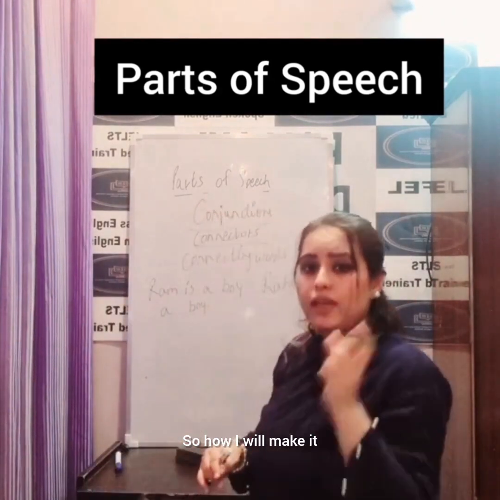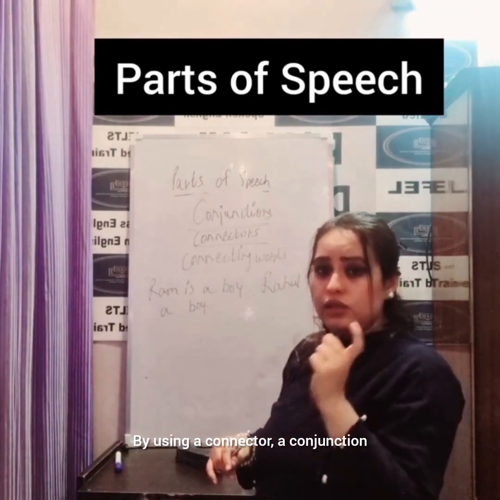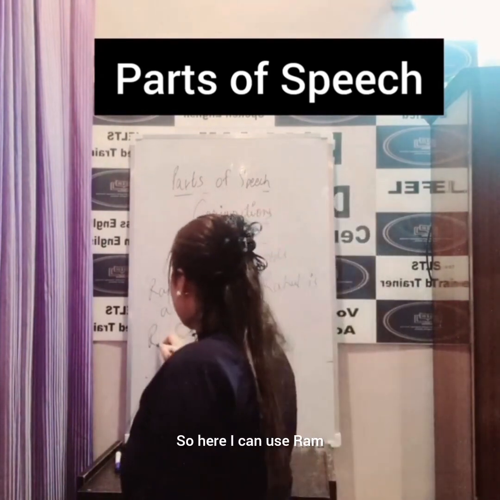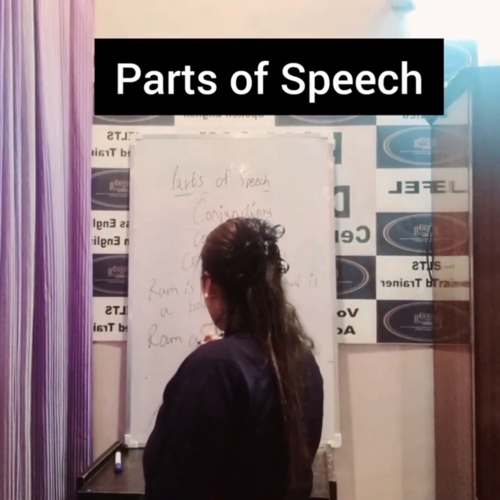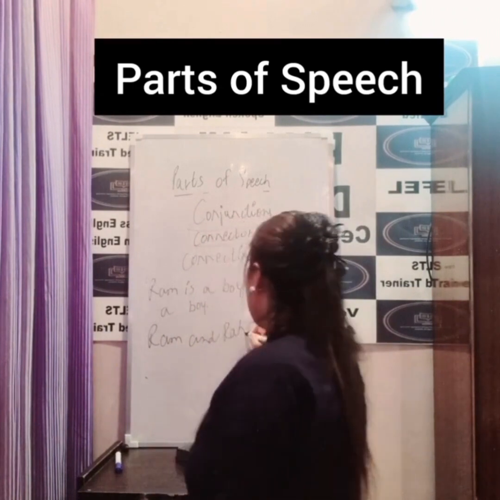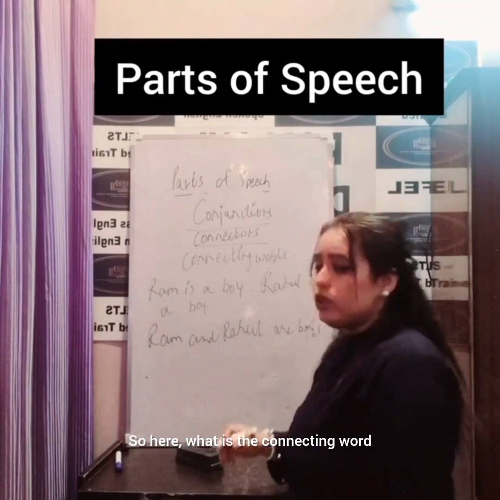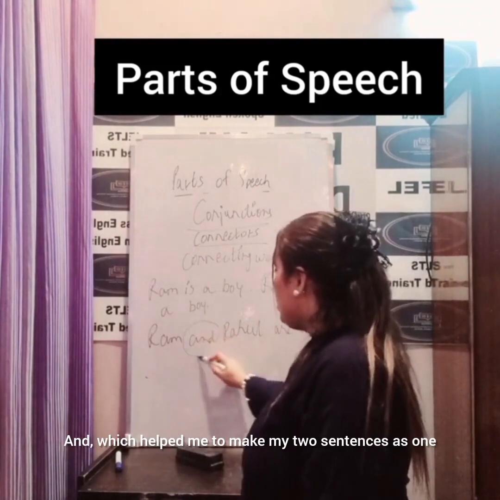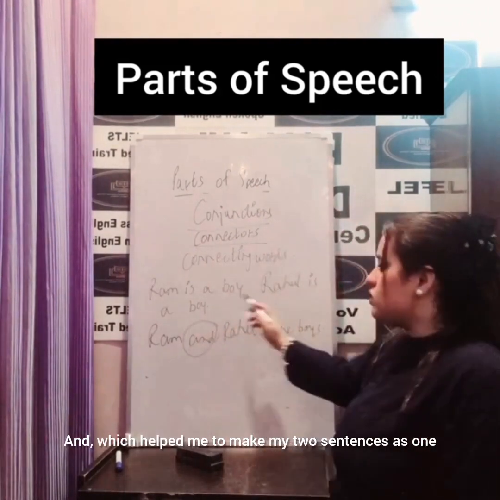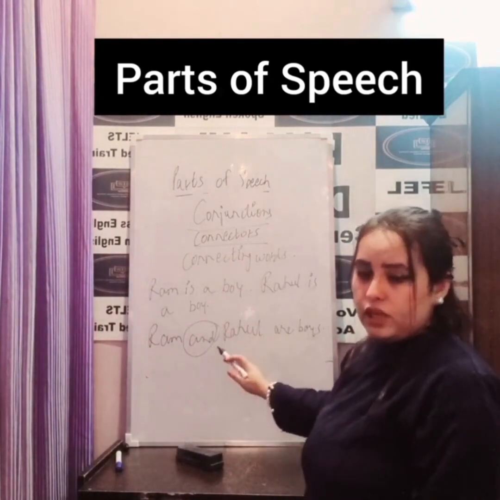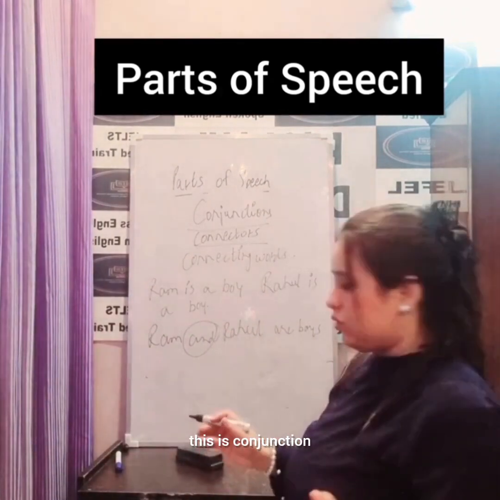So how will I make it? By using a connector, a conjunction. So here I can use, Ram and Rahul are boys. So here what is the connecting word? And, which helps me to make my two sentences as one. So this is conjunction.